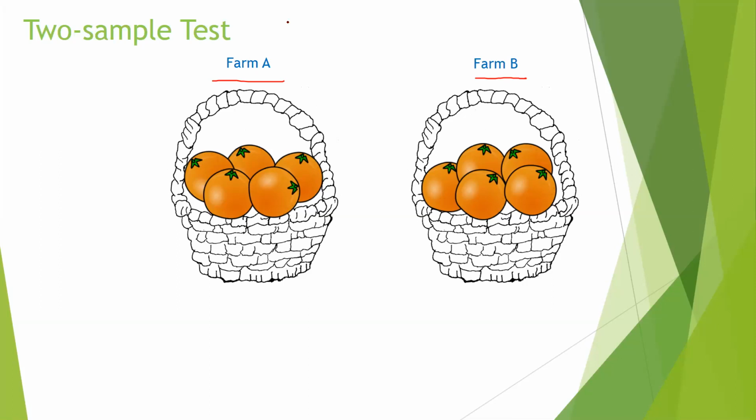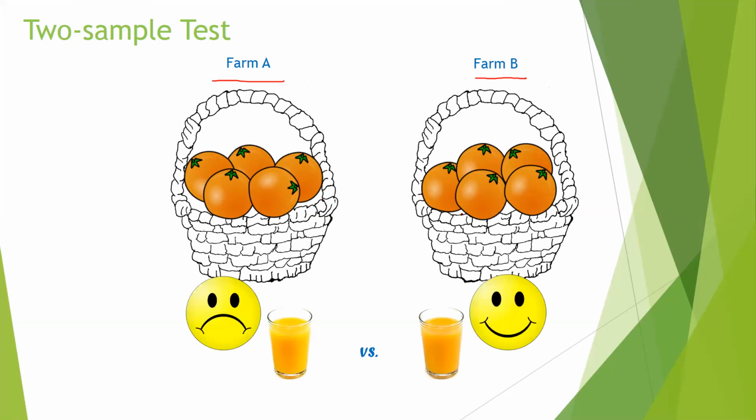Now, if you have 2 baskets, one from each farm, how can we compare the overall fruit quality from these 2 farms? Simple. You just squeeze them and mix them together to generate two glasses of juice, right? And you taste it, comparing the average of these 2 baskets to see which one is sweeter. So immediately you can get the results.